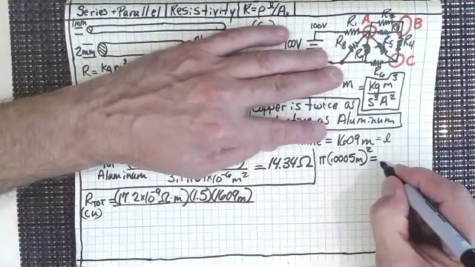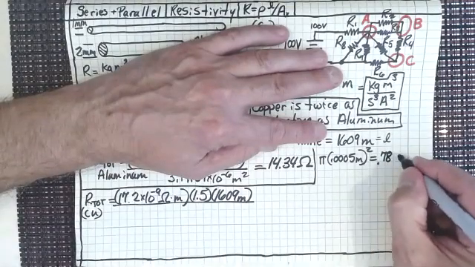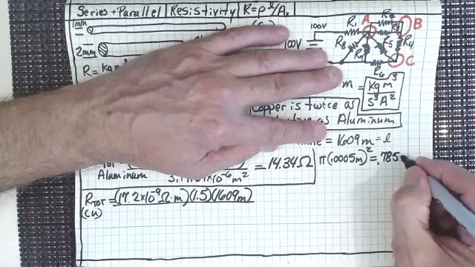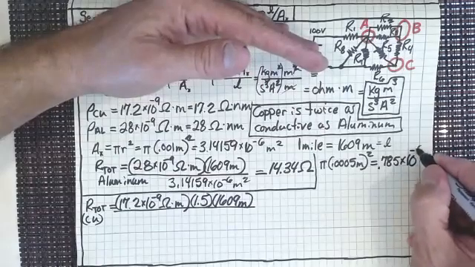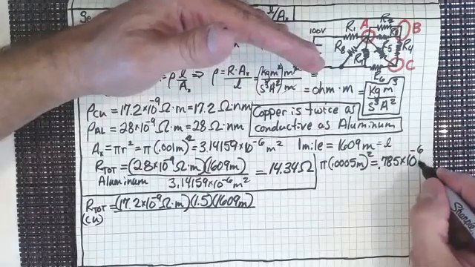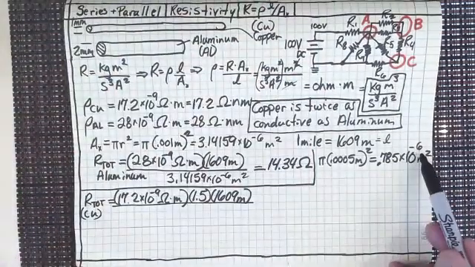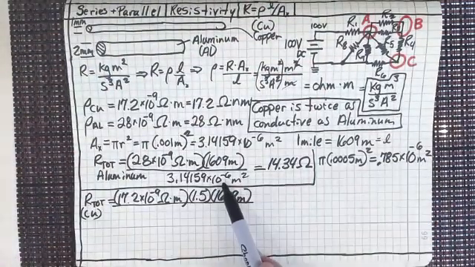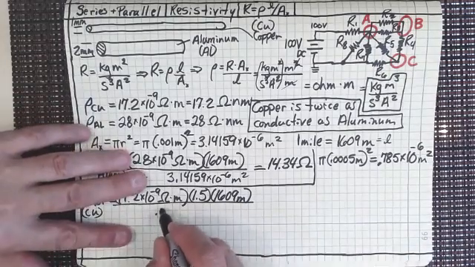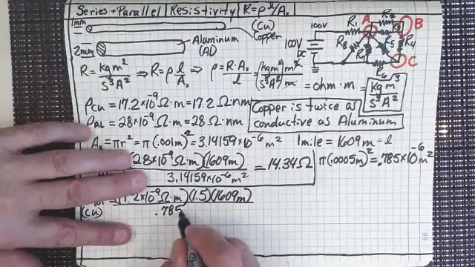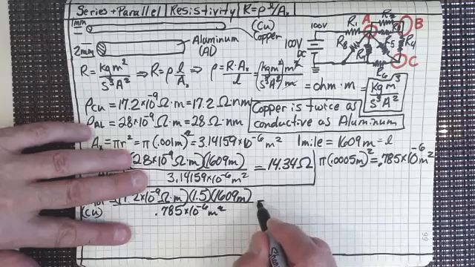I'm just going to write it out as 0.785 times 10 to the minus 6 square meters, right? So it's to keep it the same as 10 to the minus 6 here, 10 to the minus 6 here, right? So that's what we're going to get, and we'll put it down here, 0.785 times 10 to the minus 6 square meters.